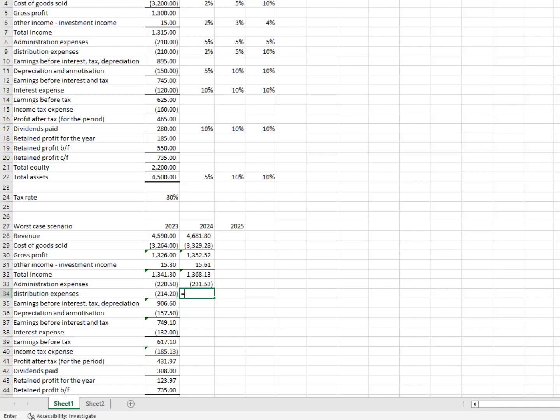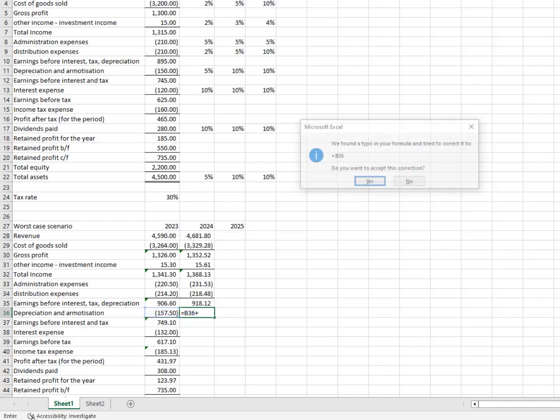We click equals previous period multiplied by 1 plus the growth rate, which is 2% here. Close the brackets, hit enter. And then earnings before interest and depreciation, come here again, bottom right corner, drag it to the right, and it calculates for you.